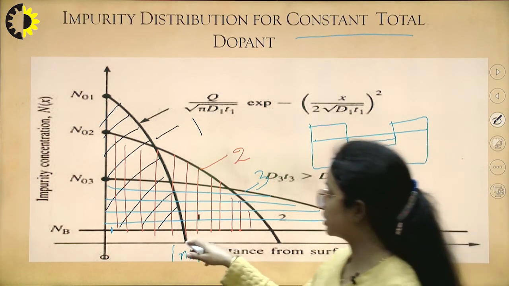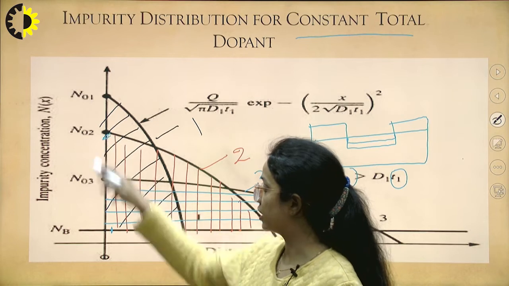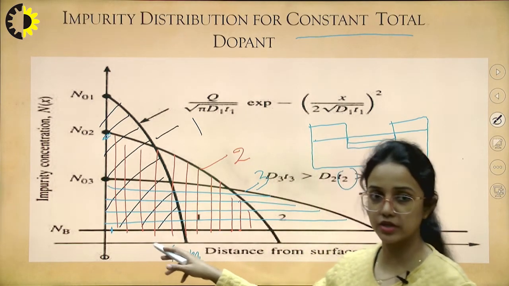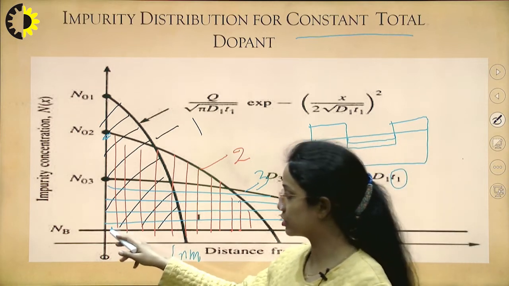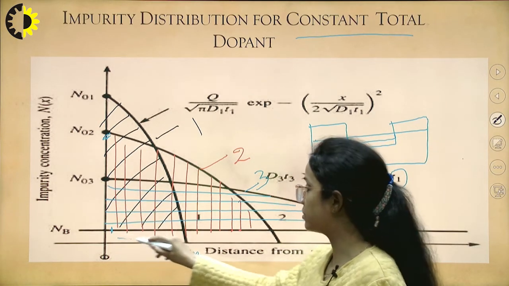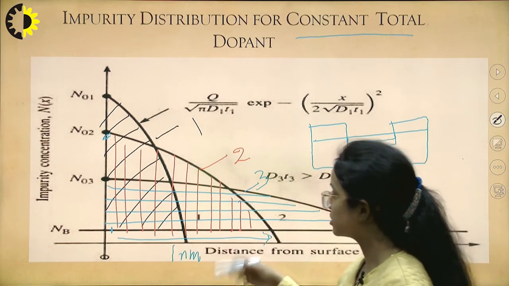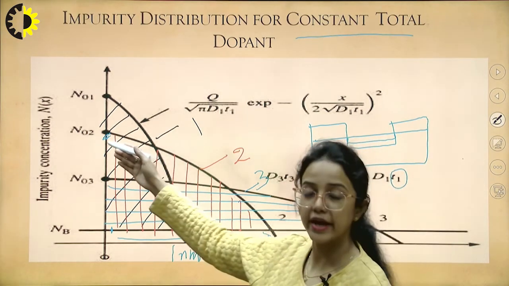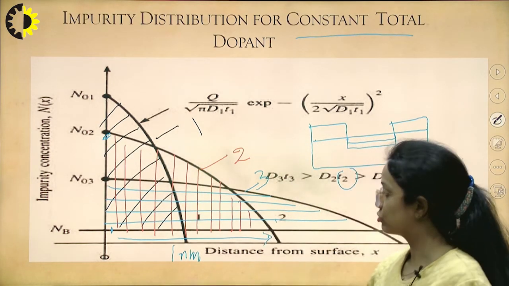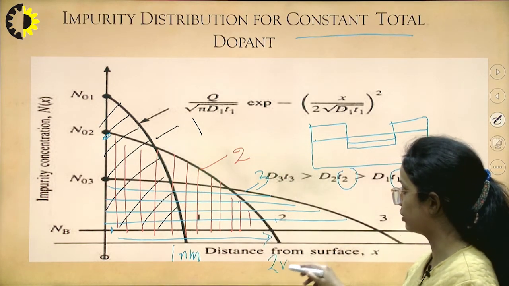So the concentration is falling. What I'm trying to say is that at T equals 0, it is the highest concentration at the boundary. When time advances, the concentration falls at the edge and it disperses throughout the range of 2 nanometers.